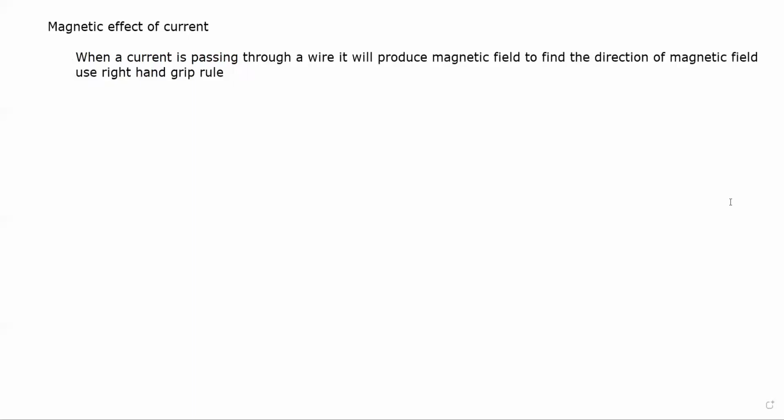For the right hand grip rule, the wire which we are using may be a straight wire, or it may be a coiled or circular wire, or a solenoid.